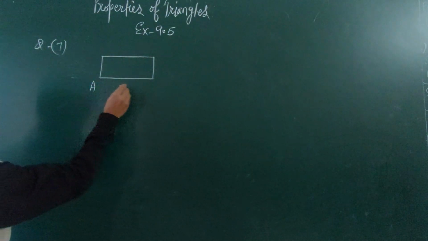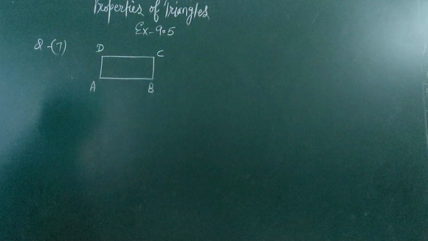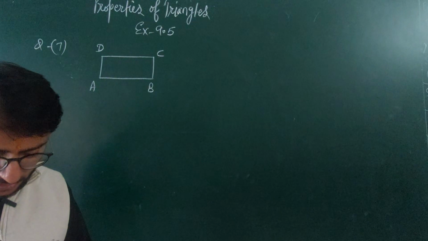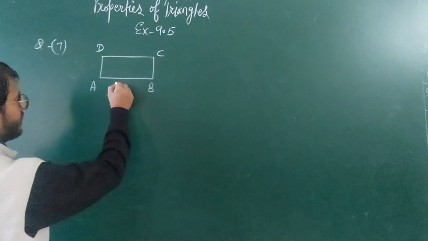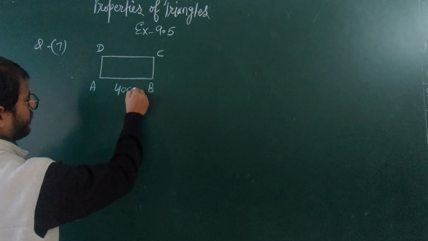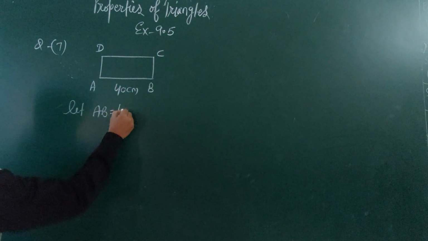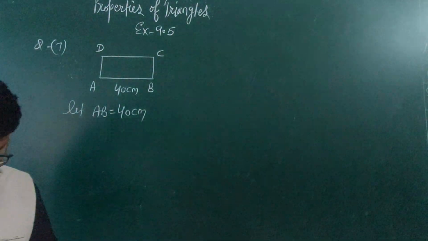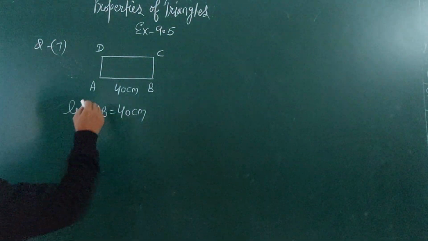Let ABCD be a rectangle, whose length is 40 centimeter. Assuming that AB is equal to 40 centimeter and a diagonal is 41 centimeter.